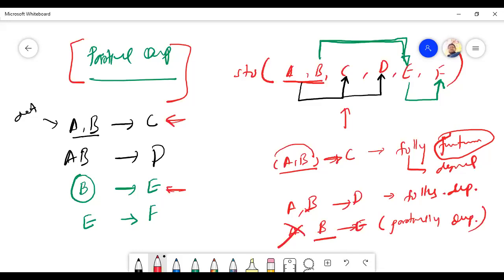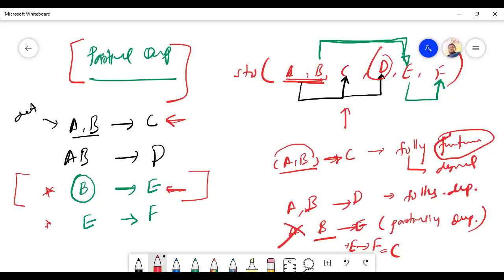So you can see here E, F. F is functionally depending on E. Because the E is not the primary key, we can simply say F is functionally depending on E. Okay, but here A and B, C is totally depending on the A and B. Then if you take the D, it is also totally depending. E is only depending on B. Then after that EF. So here we can say partially depending.